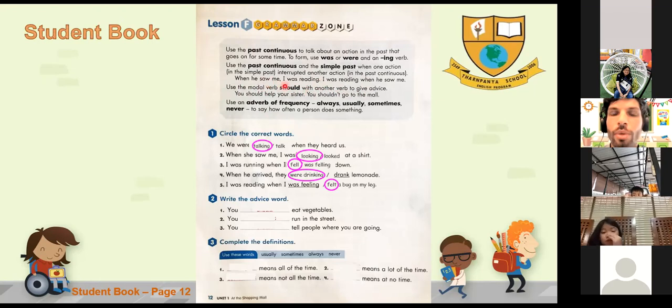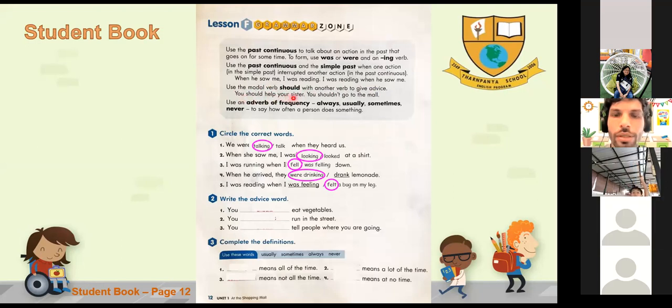For example, you should help your sister. Here we have the modal verb should, and here we have the other verb, help. So again, we use the modal verb should with another verb to give advice. You should help your sister.